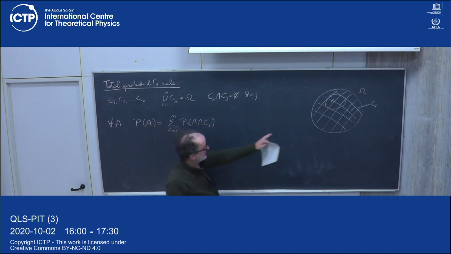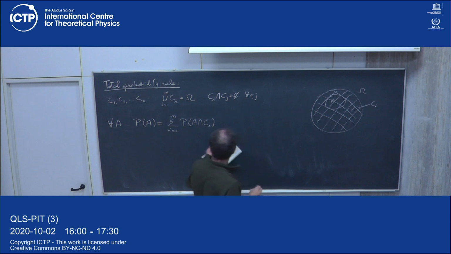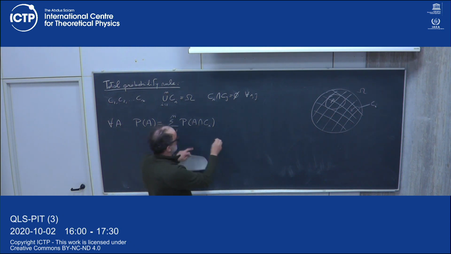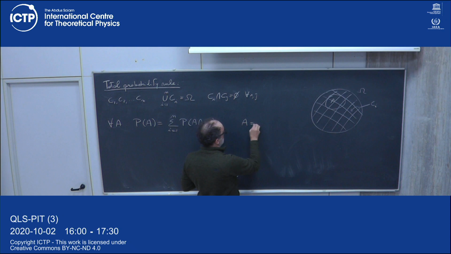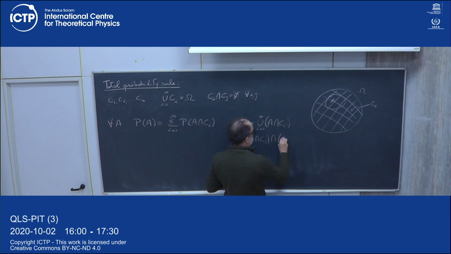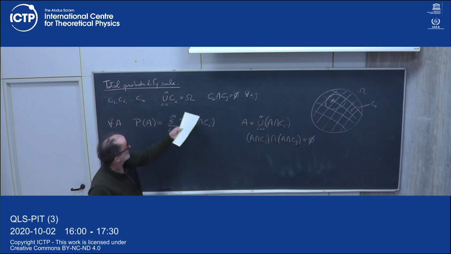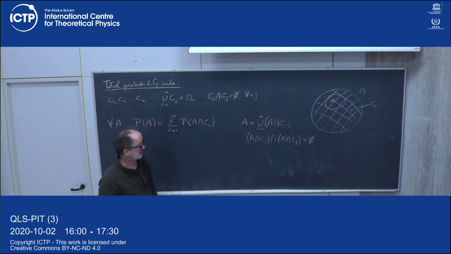Because they are mutually exclusive, you can also write that A is equal to the union of A intersection Ci, and A intersection Ci intersection A intersection Cj is equal to the empty set, because Ci and Cj have no intersection.